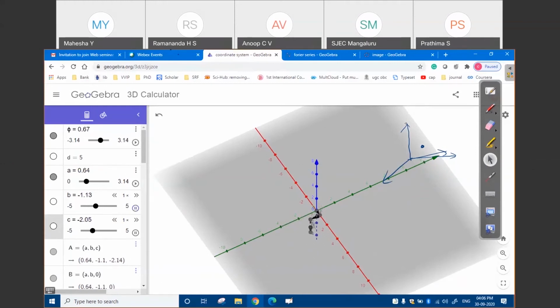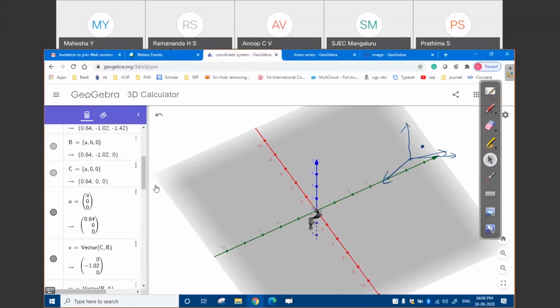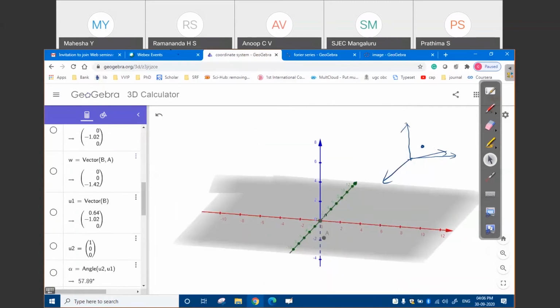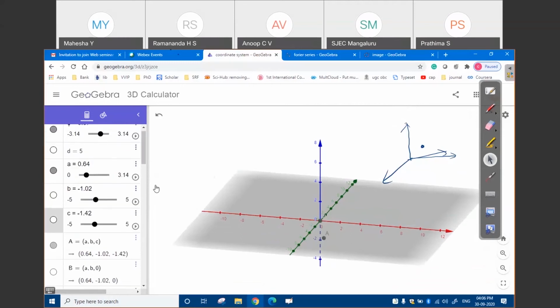Now, we have another coordinate system called the spherical coordinate system. I will set the value of A such that it is in the first quadrant.